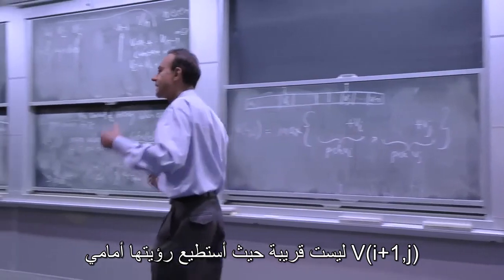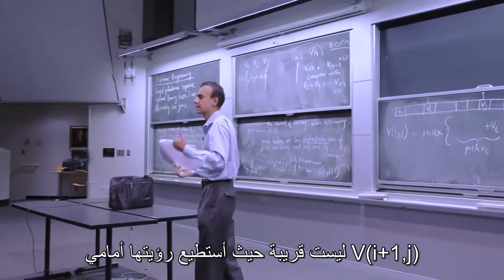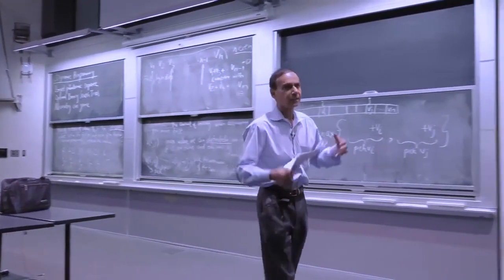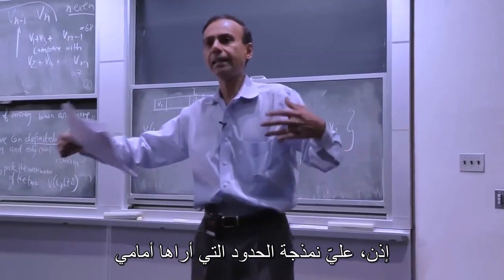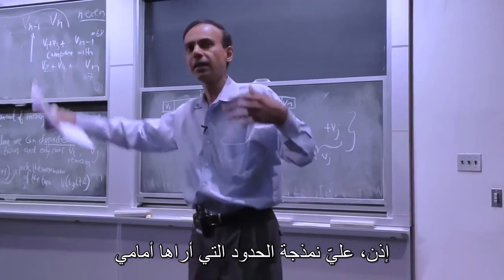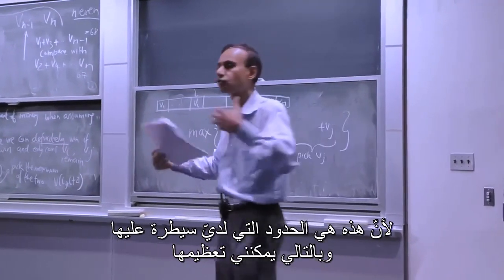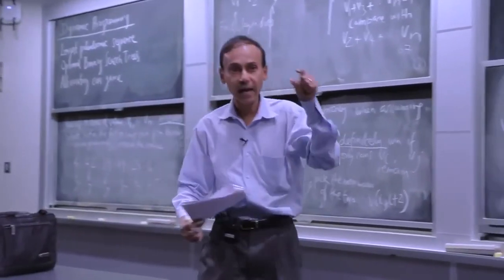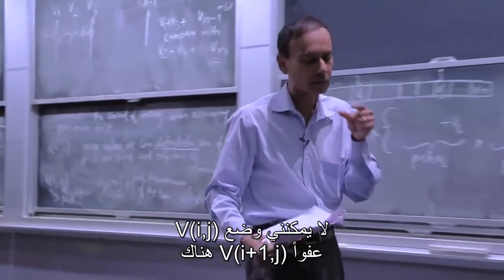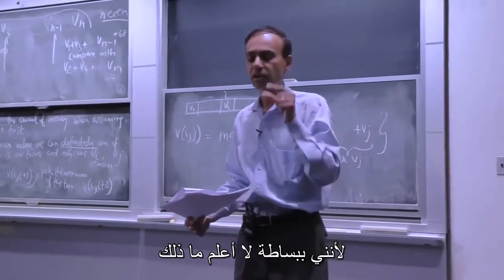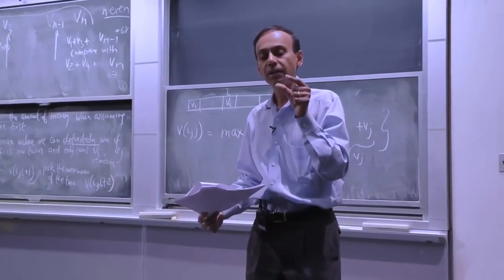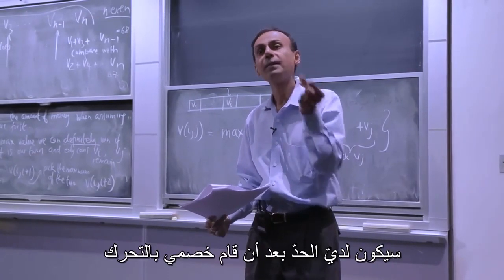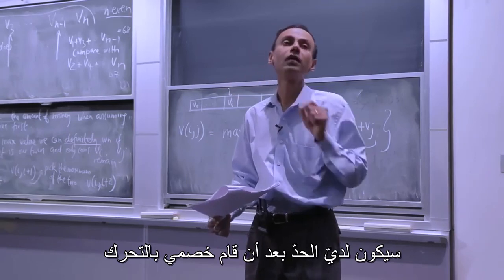V i+1,j is never a board that I see in front of me, whereas Vij was a board that I saw in front of me. So I have to model the boards that I see in front of me, because those are the boards that I have control over, that I can maximize. I cannot put V i+1,j in there simply because I don't quite know what that is, because what I get eventually is not something I control. It's going to be the board after my opponent has moved.